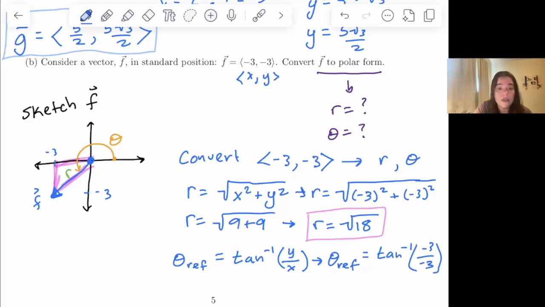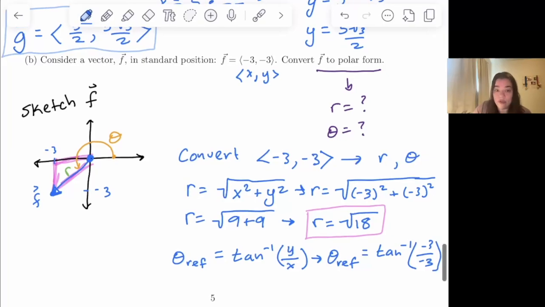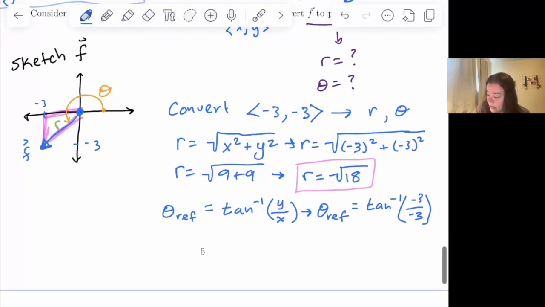So you would either need to know this value or take that to a calculator and find the inverse tangent. So whether you know that from the unit circle or find it from a calculator is fine. And what you find out is, and I'm just going to write it right here to give us some more room, the reference angle gives you pi over 4, or if you prefer in degrees, 45 degrees.